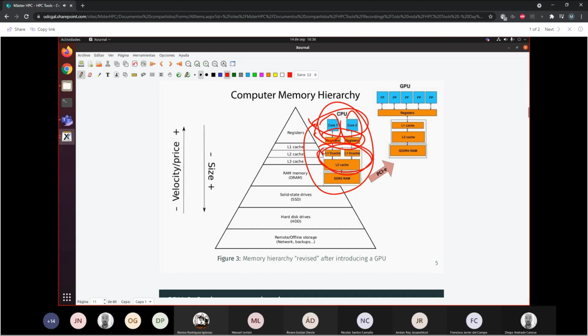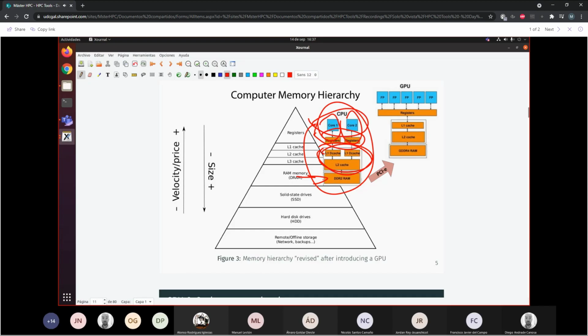In the case of the GPU, and I'm talking about the device that you plug into the PCI Express slot, what you have is a big computer itself, but with lots of small cores, I'm talking about 200, 500, or something like that cores, but simpler than in the case of the CPU, and this is represented here.